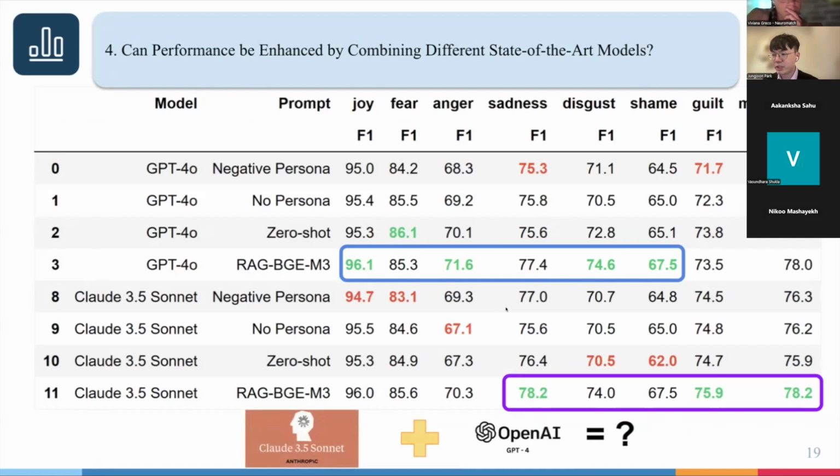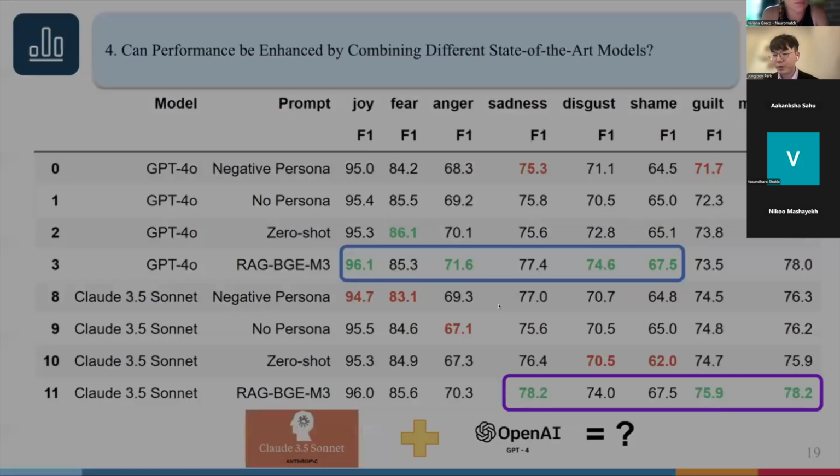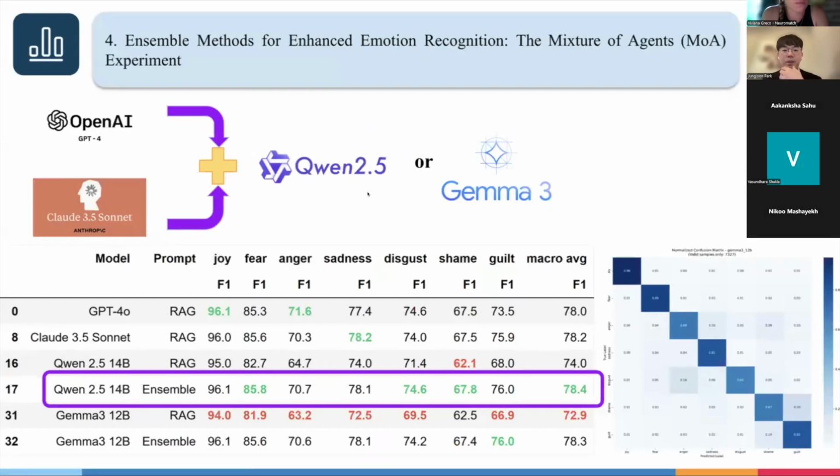To explore this, we conducted ensemble experiments that combined predictions from both models along with additional synthesis guideline prompts. For this ensemble test, we utilized two open source models, Qwen 2.5 14 billion and Gemma 3 12 billion.